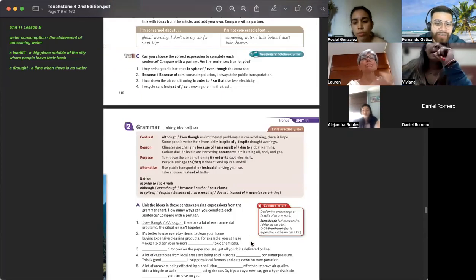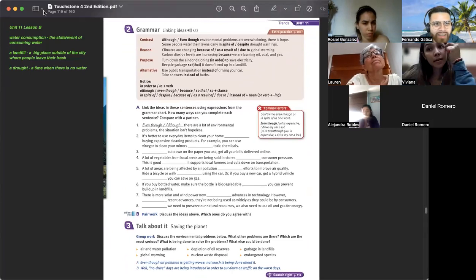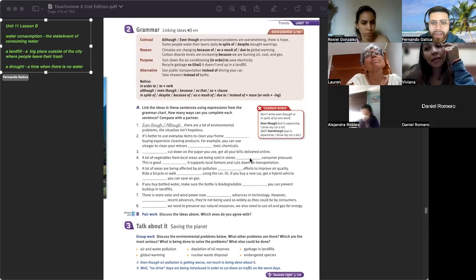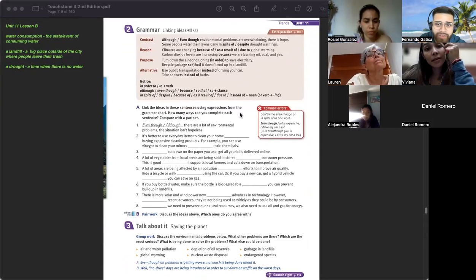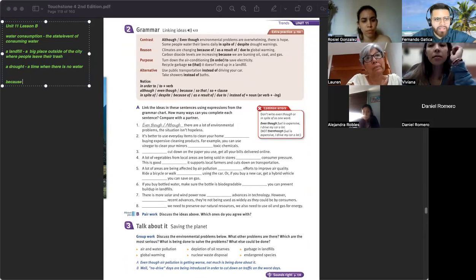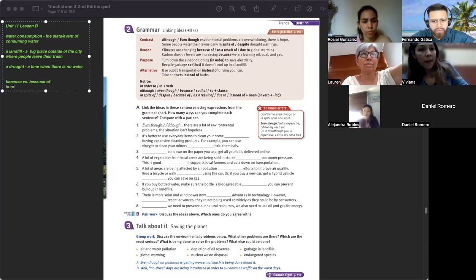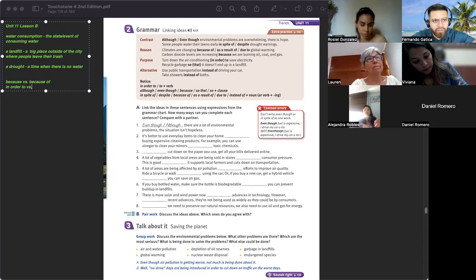All right, now this was the easiest lesson in the book. You have to learn a lot of different expressions. You had to learn the difference between because and because of. You have to learn the difference between in order to and in spite of.